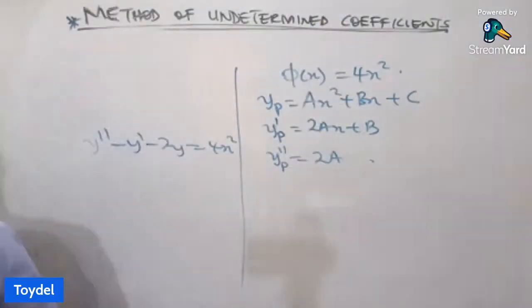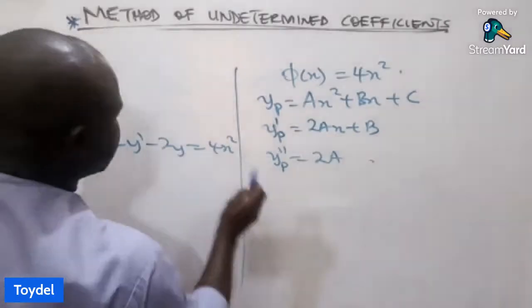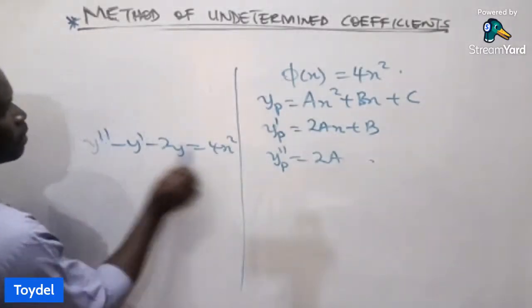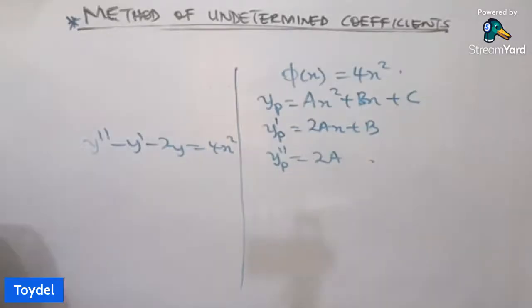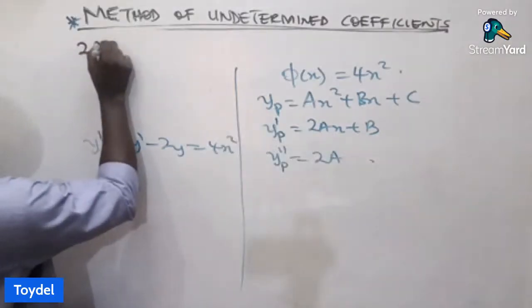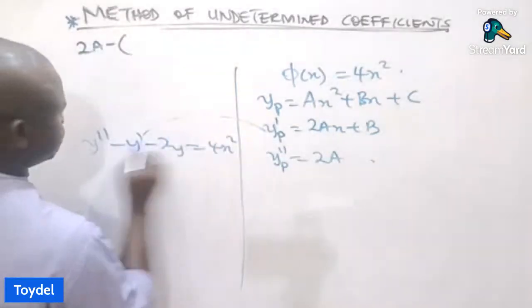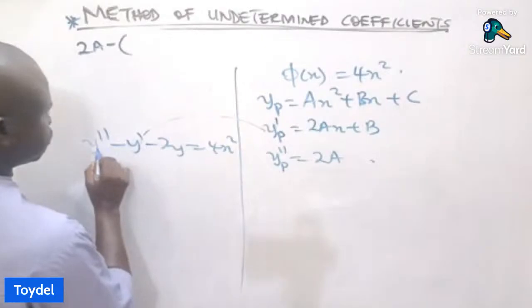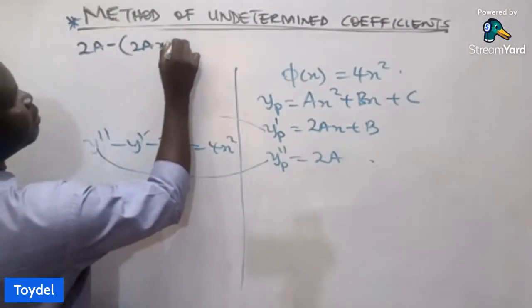Okay. So what do I do here? Please let's look at it. Where I have y'', I'm going to substitute 2a. Then minus, in brackets, instead of y', I'll substitute y_p', that is 2ax + b.